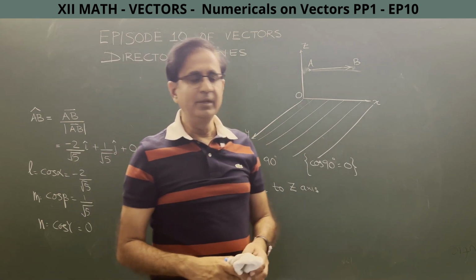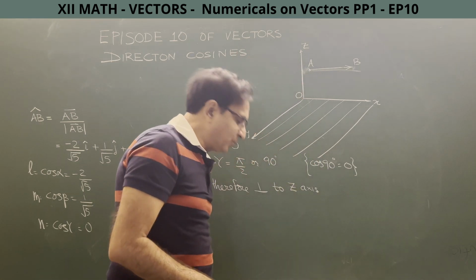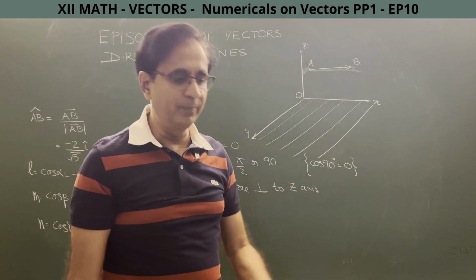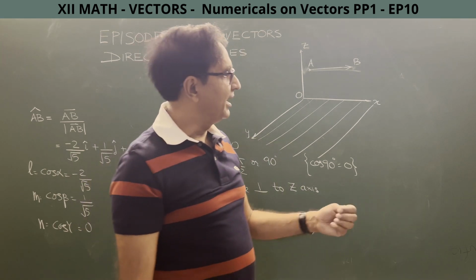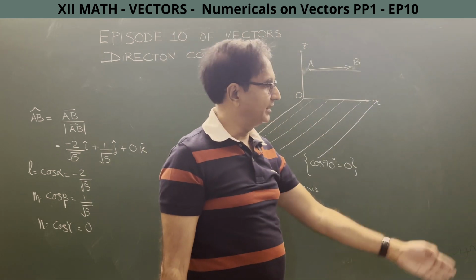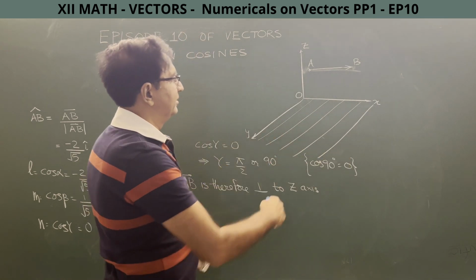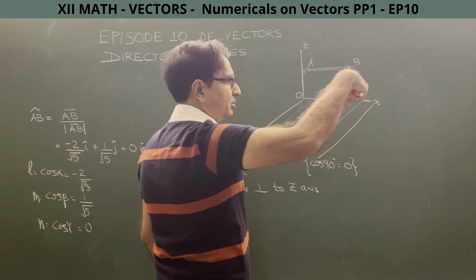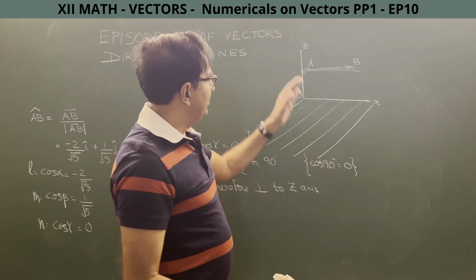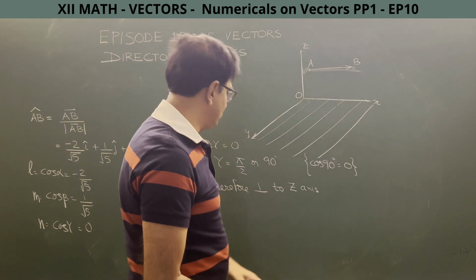If you are sitting in the room, you can take one edge of your room as x axis, another edge of the room as y axis. Then the floor on which I am standing or you are sitting in your home will be xy plane. And the corner line, vertical line upwards will be your z axis. You can say the hinges of the door. So if anything is perpendicular to the hinge of your door like this, it will be automatically parallel to the floor. So a vector perpendicular to z axis implies it is parallel to xy plane.